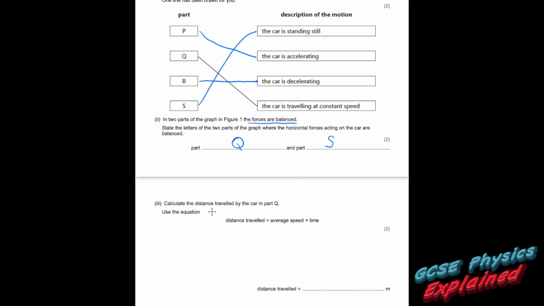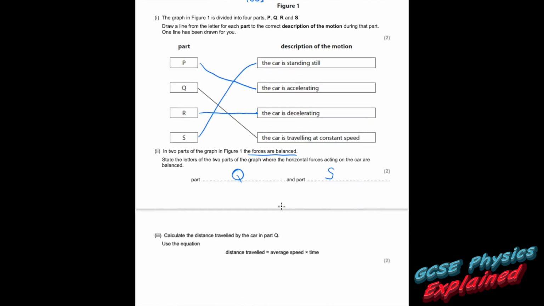Part 3. Calculate the distance travelled by the car in part Q. Use the equation distance travelled equals average speed times by time. So if we go back to the graph, the average speed was 30 for this section here. And the time went from 50 up to 150.